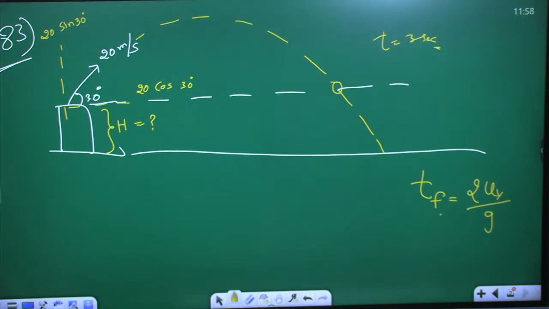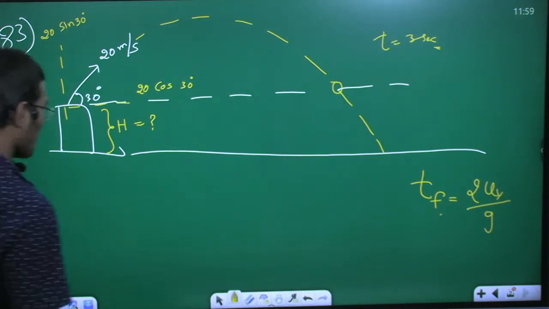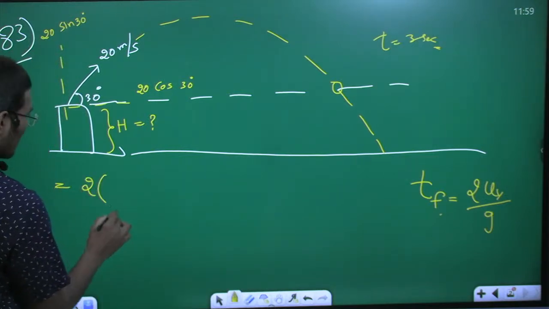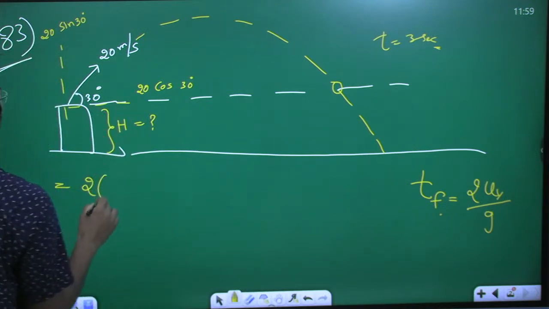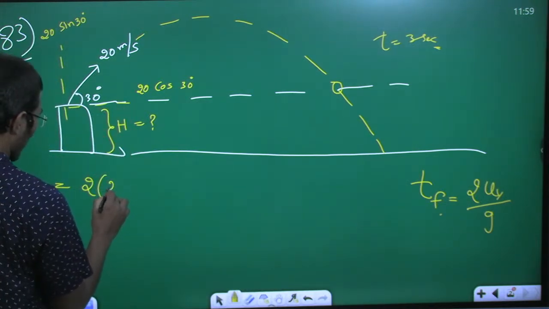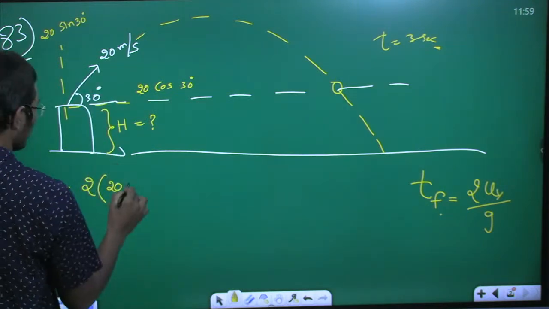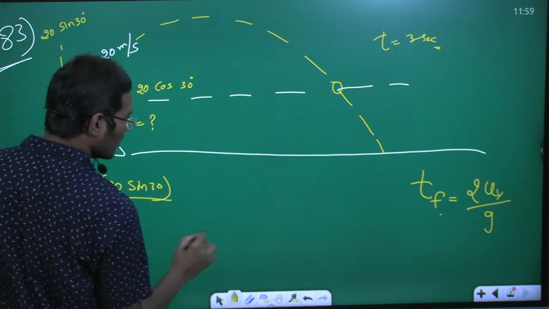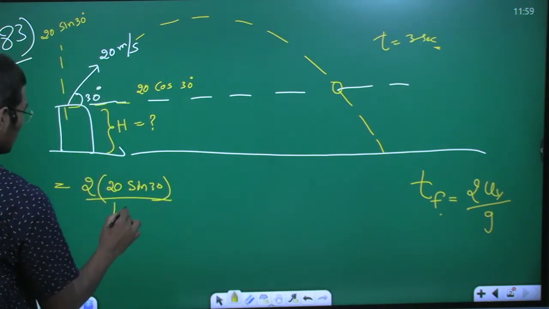So try to solve this. You will get something as 2 times velocity along y direction, 20 sin 30, 10, right? 20 sin 30 by g. g we take as 10.